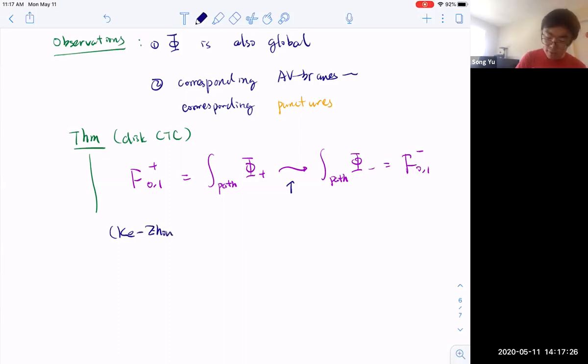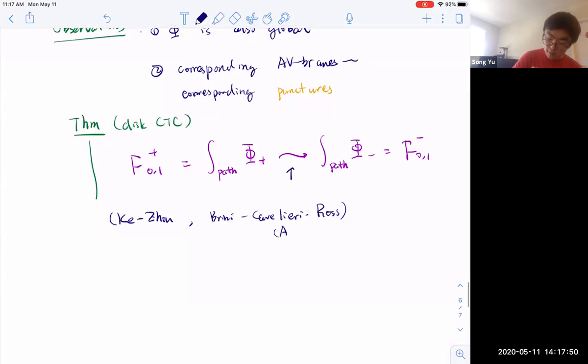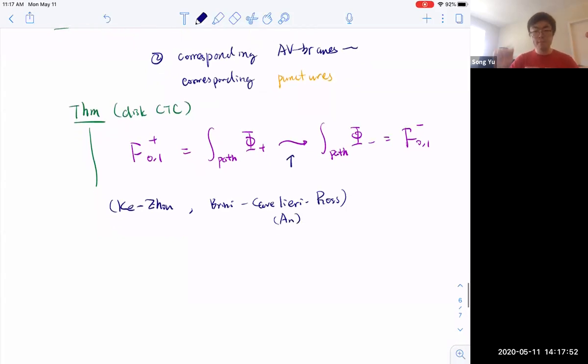So their work is on the case where the brane is outer and effective, meaning that the brane intersects a non-compact torus invariant curve, and also the brane is smooth itself. And also in the A_N case by Brini, Cavalieri, and Ross. So this is the case with A_N singularities.